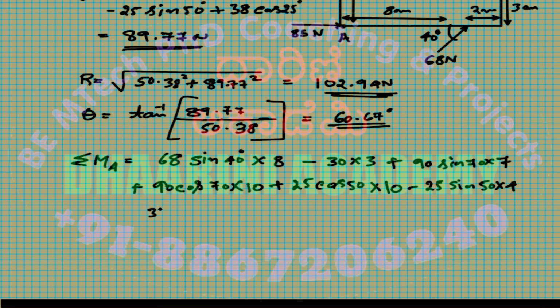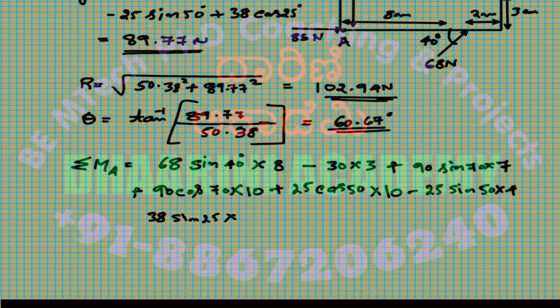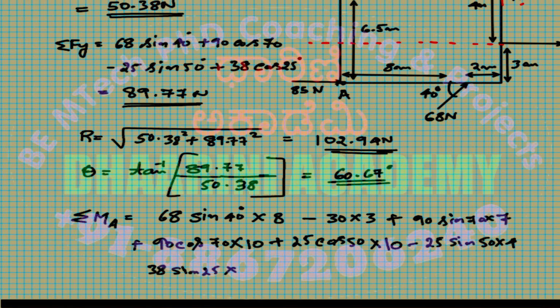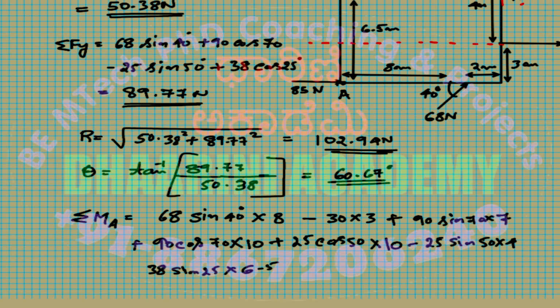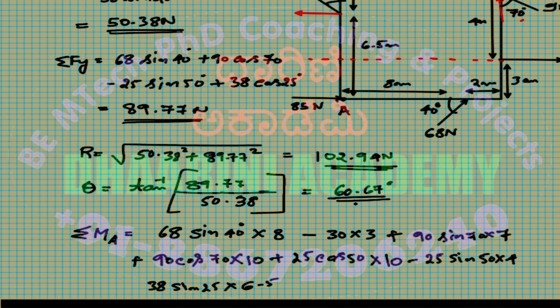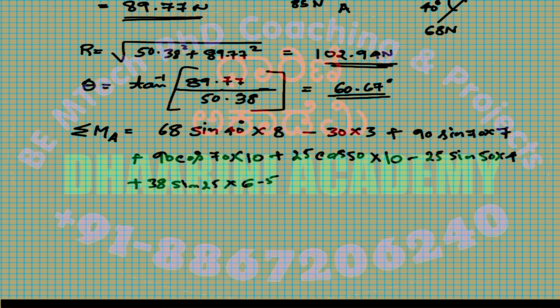So this is 38 sine 25 into the shortest distance, which is 6.5, which is given. So into 6.5, that's the distance. And it is moving to the left, right? So left means, if I fix the point at A, the whole plane is going to rotate anti-clockwise. So this is going to be positive.